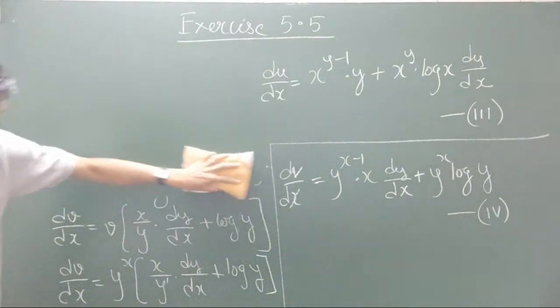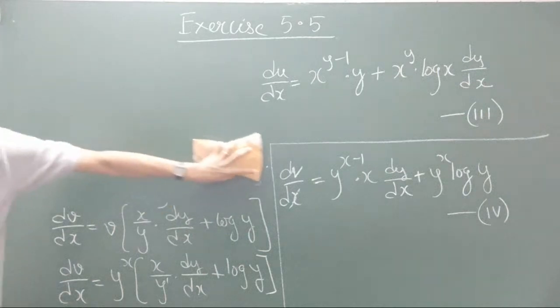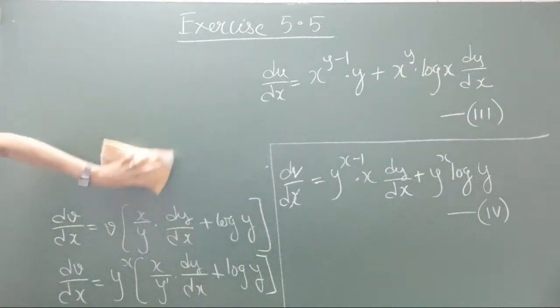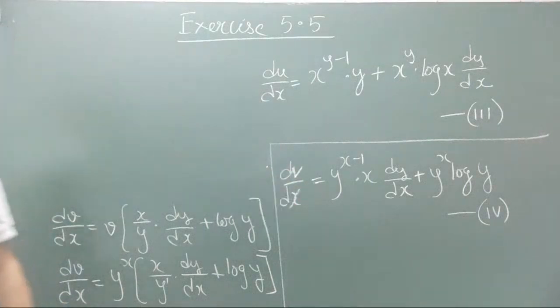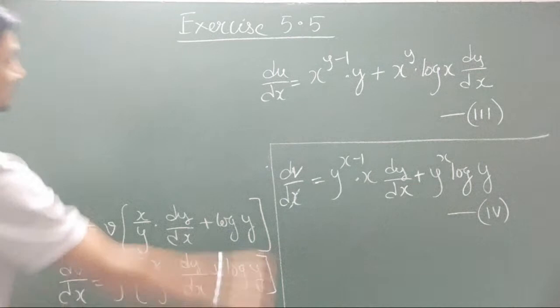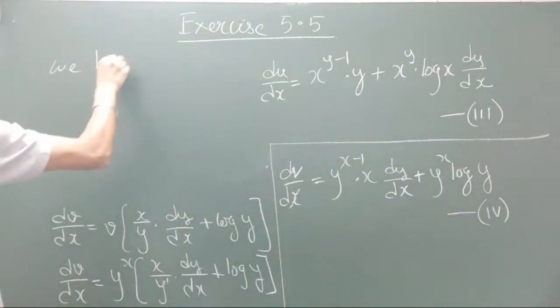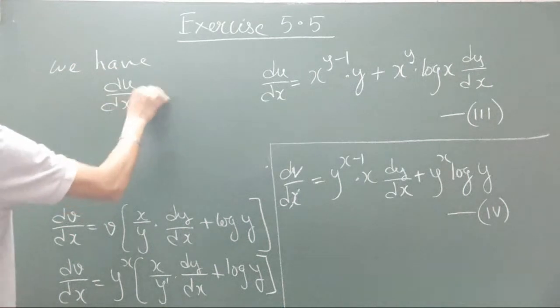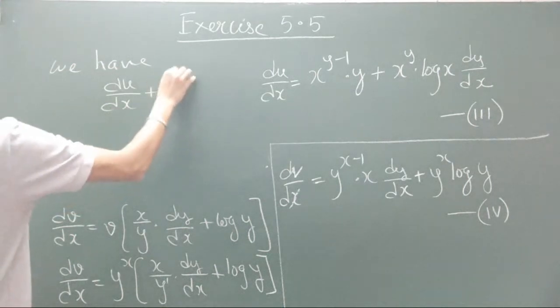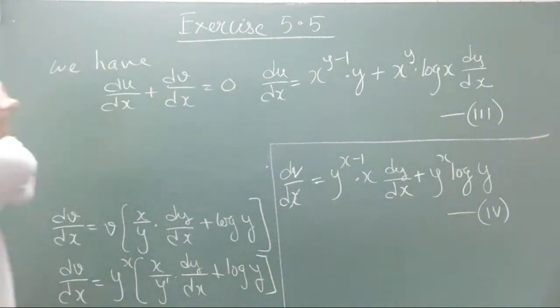So now you can write down using equation 3 and 4 in equation 2. So we had du by dx plus dv upon dx as 0.